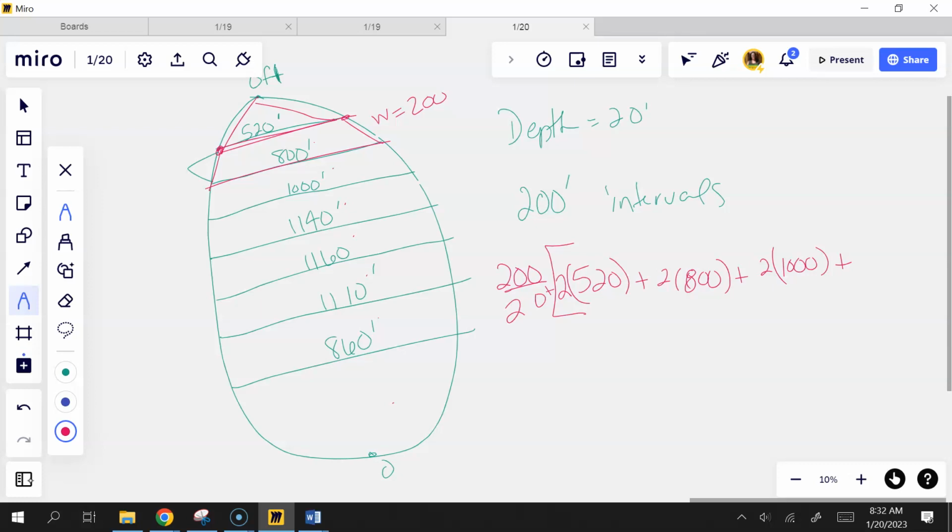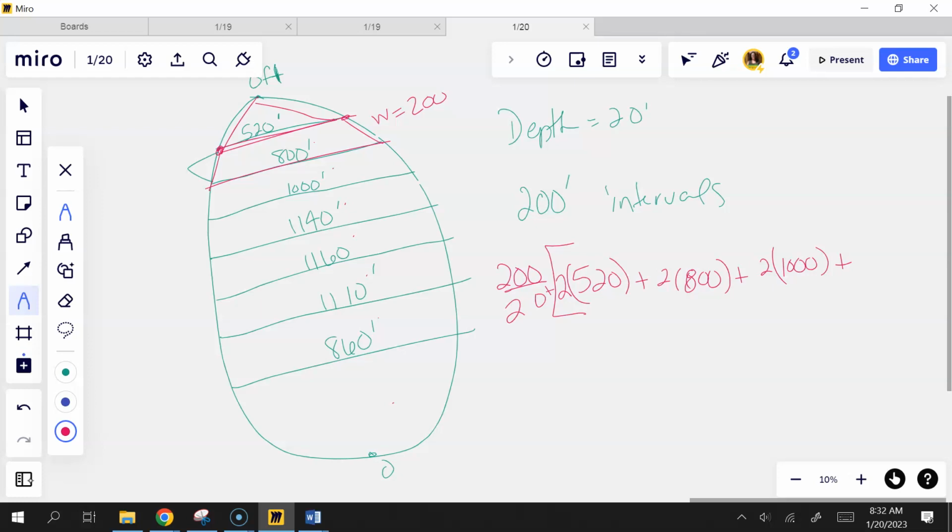I don't know, that's what I'm looking at. Maybe so, since that's depth, since this would give me, yes, because this would give me area.